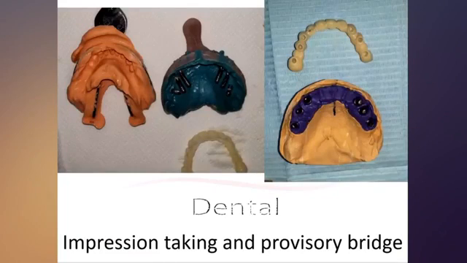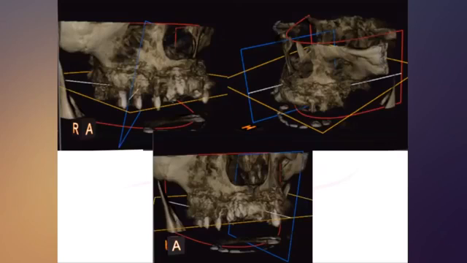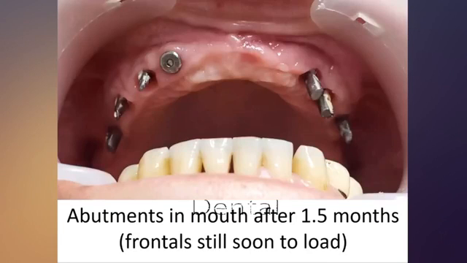And then I decided to take an impression immediately, and I loaded 6 of them, and the frontal ones, which had much more grafting, as you can see, I decided to leave for later. In 3 months, I also placed them in a new plastic bridge.